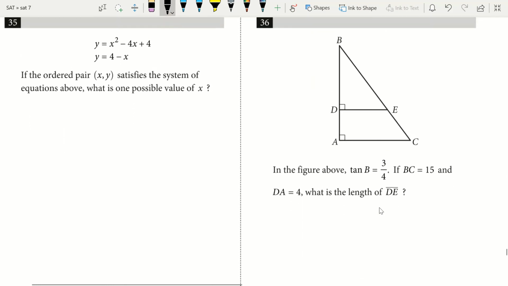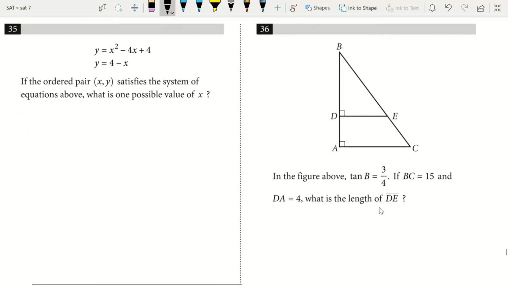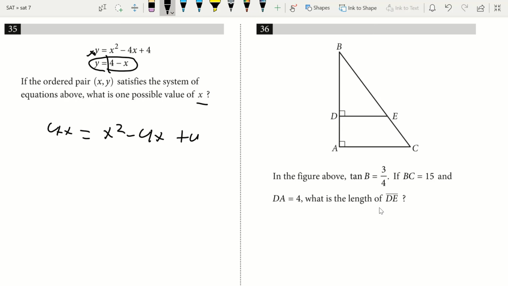Question 35. If the ordered pair x, y satisfies the system of equations above, what is one possible value of x? What I'm going to do is take this 4 minus x equals y, and plug in 4 minus x for y right here. So I've got 4 minus x equals x squared minus 4x plus 4. I'm going to add x to each side, and then subtract 4 from each side.